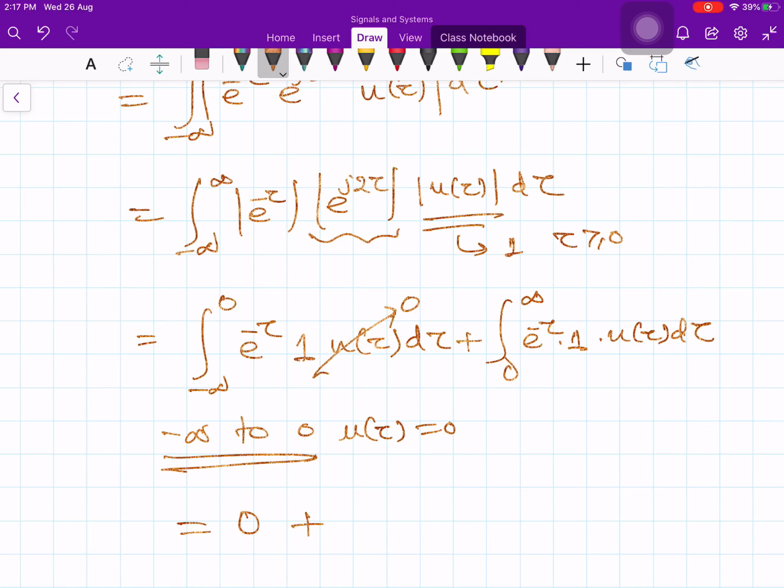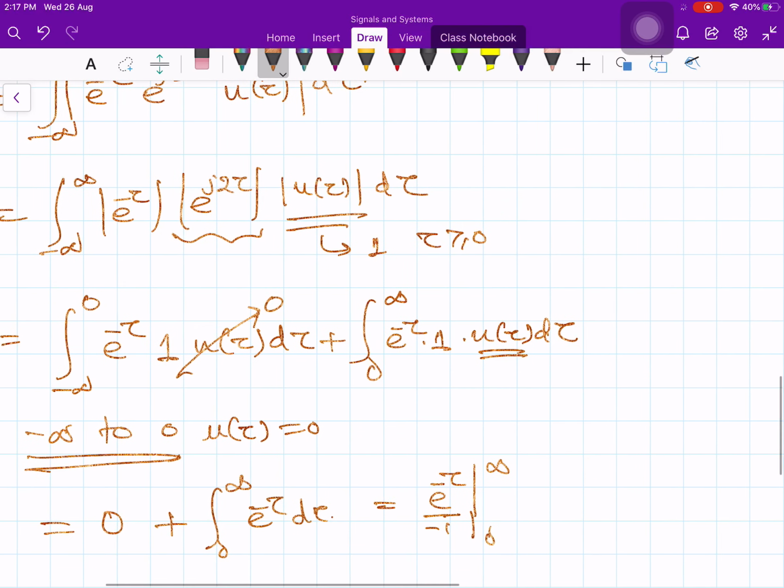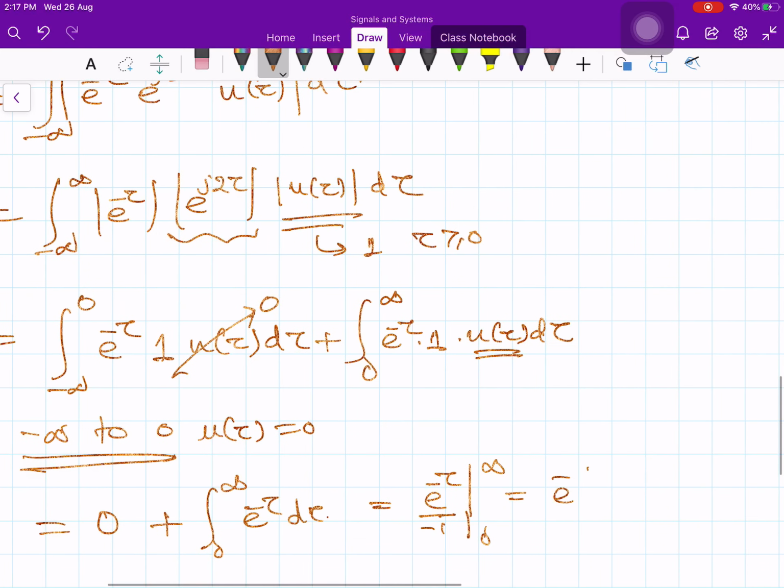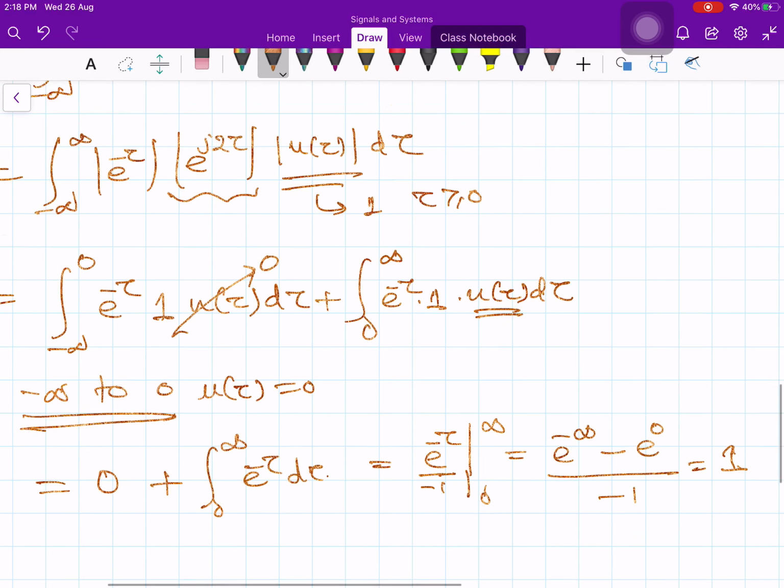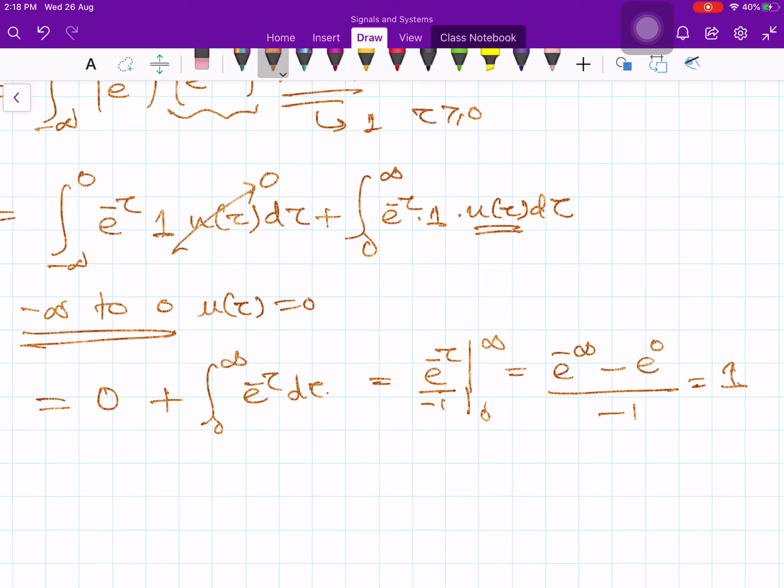So 0 to infinity, e to the minus tau d tau. So e to the minus tau divided by minus 1, with limits 0 to infinity. Now what is the upper limit? e to the minus infinity, minus lower limit e to the 0, divided by minus 1. So it is 1, and 1 is less than infinity. So this is absolutely integrable. So this A is a stable system, a stable LTI system.